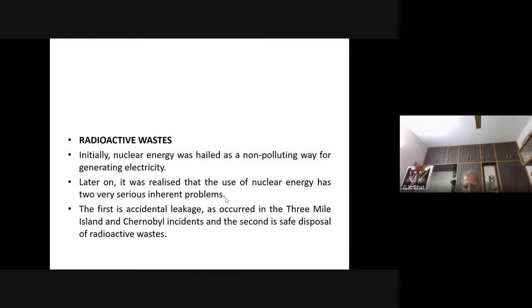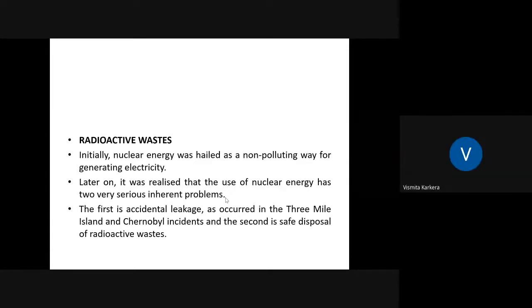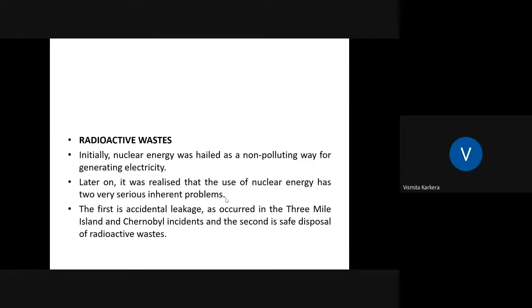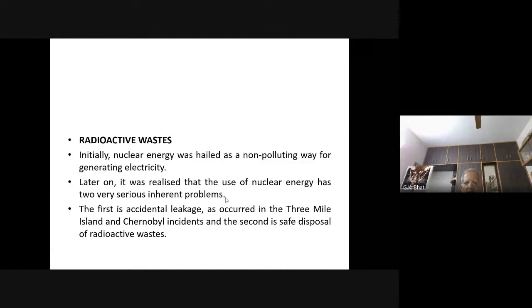Anyone? Have you heard about this, Prithvi? Yes, sir. Methyl isocyanate. Where was it, Vismita? Sir, in Bhopal. Yes, it was Bhopal. Bhopal gas tragedy.